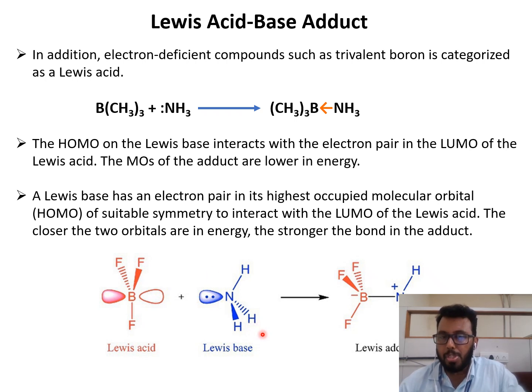This will have a suitable symmetry, and it will interact with the lowest unoccupied molecular orbital of the Lewis acid. The closer the two orbitals are in energy, the better they can overlap and interact, and the stronger the bond formed in the adduct. So this particular species is called a Lewis adduct.